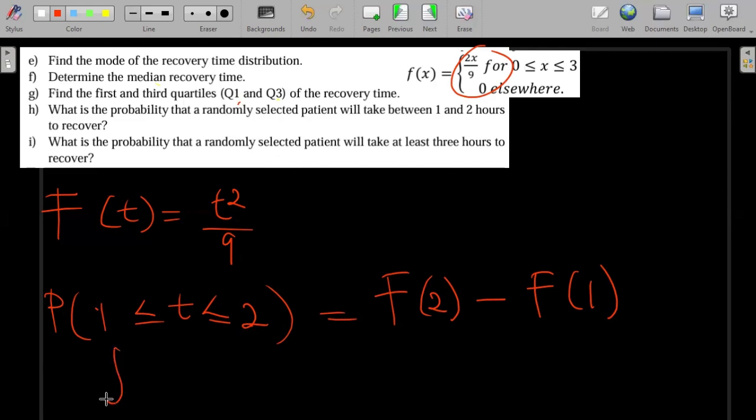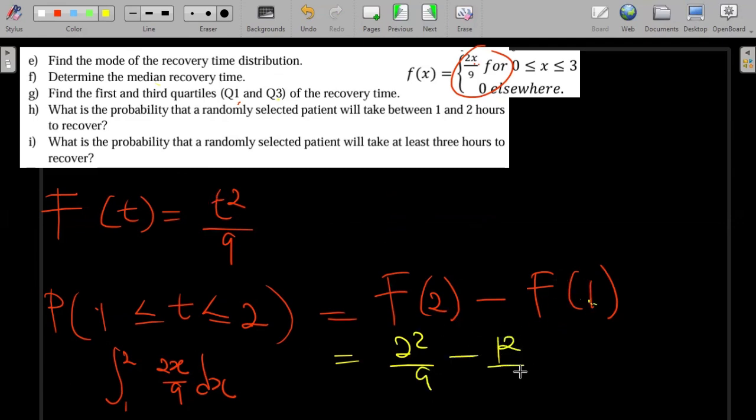You can say the integral from 1 to 2 of 2x over 9 dx. The answer you find here will be the same as the answer you get here. Here we're finding F of 2, so where there's t, I put 2. So it will be 2 squared over 9 minus, where there's t, I put 1.